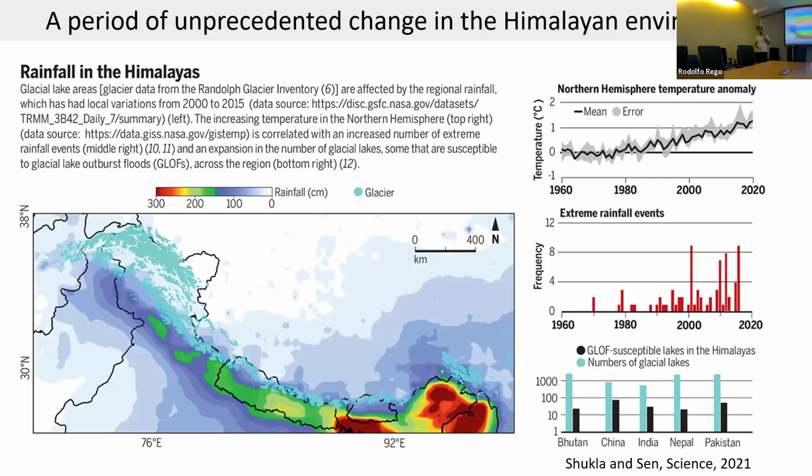So from temperature rise to melting, these are some pressing issues that our country, and particularly the Indian subcontinent region, is facing. So it is important for us to look into this.